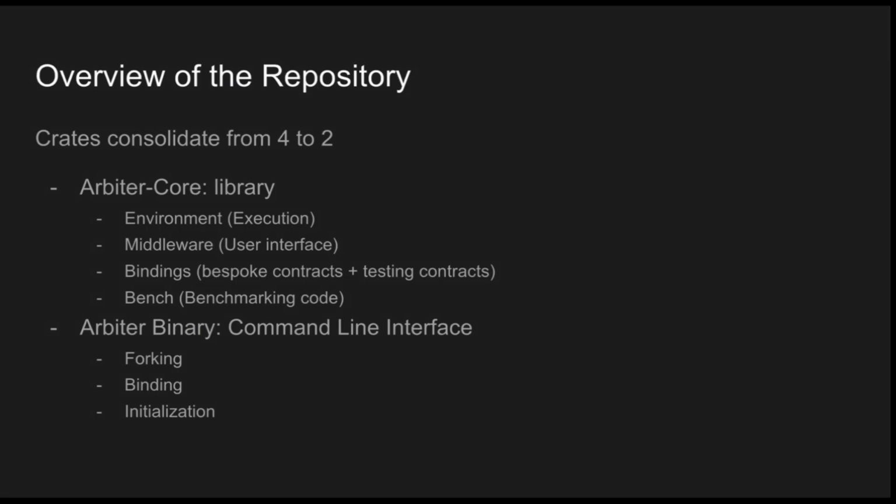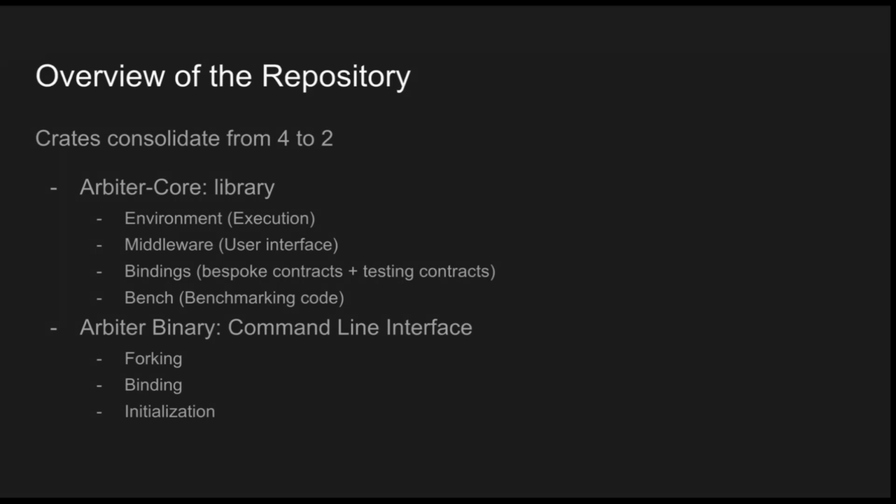And then we have a binary crate, which is a command line interface for Arbiter, which supports some of the forking features, some ways to generate bindings, and also an initialization to create a new Arbiter project.